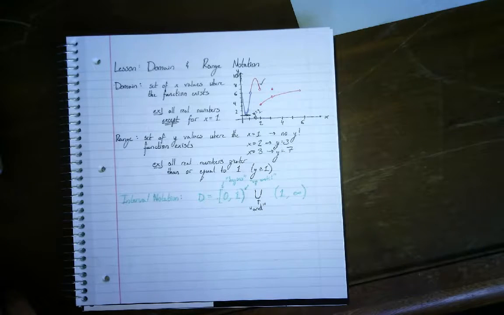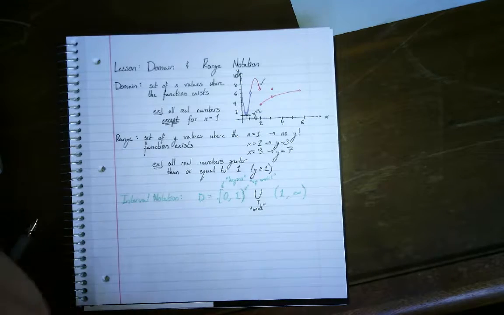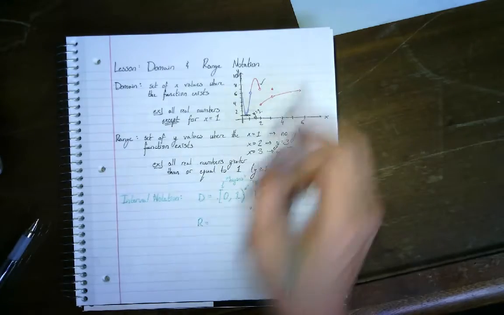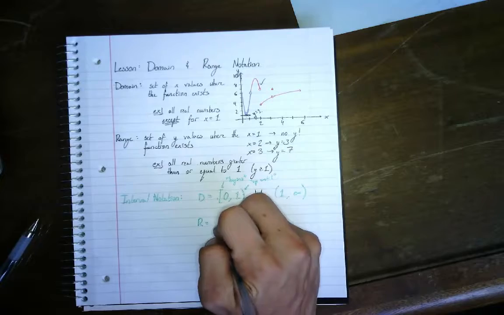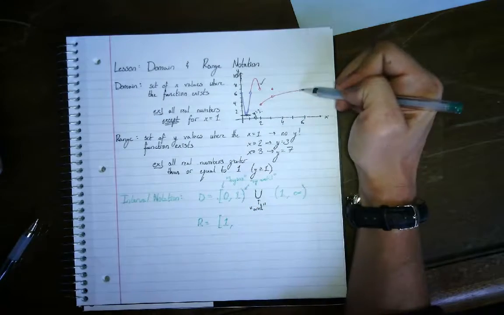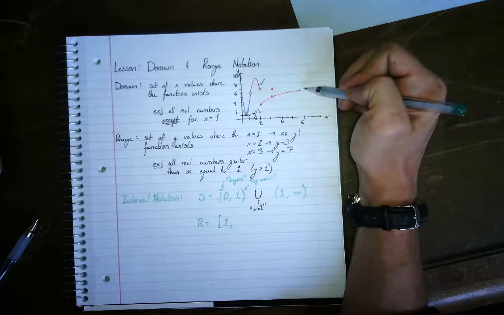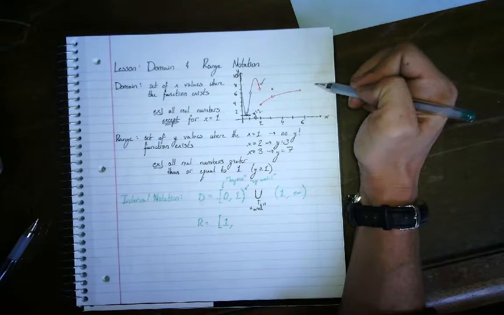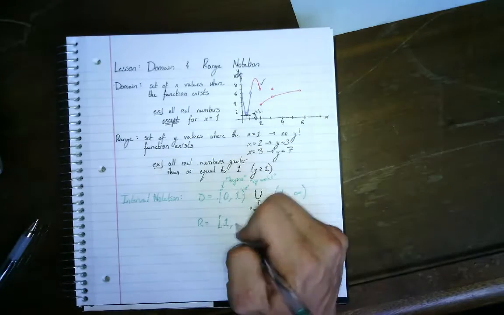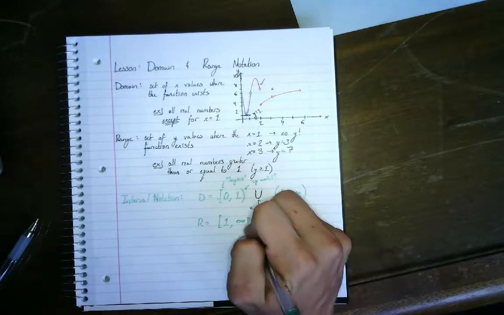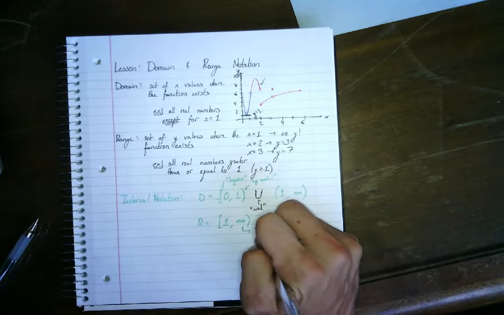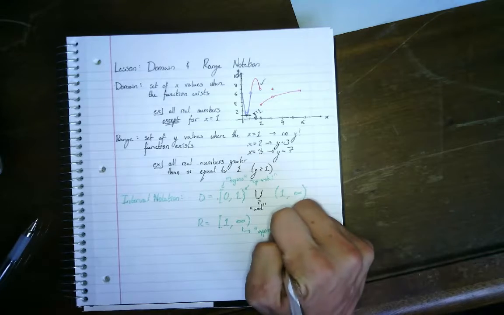In terms of our range, well, we start at 1, so we're going to start with an opening bracket, start at 1, and it's going off forever. Even though this function is leveling out, it's always going to be slightly going upwards as our x goes towards infinity. So our y is actually going to be approaching infinity, with an open parenthesis. So this is a special one, approaches infinity.